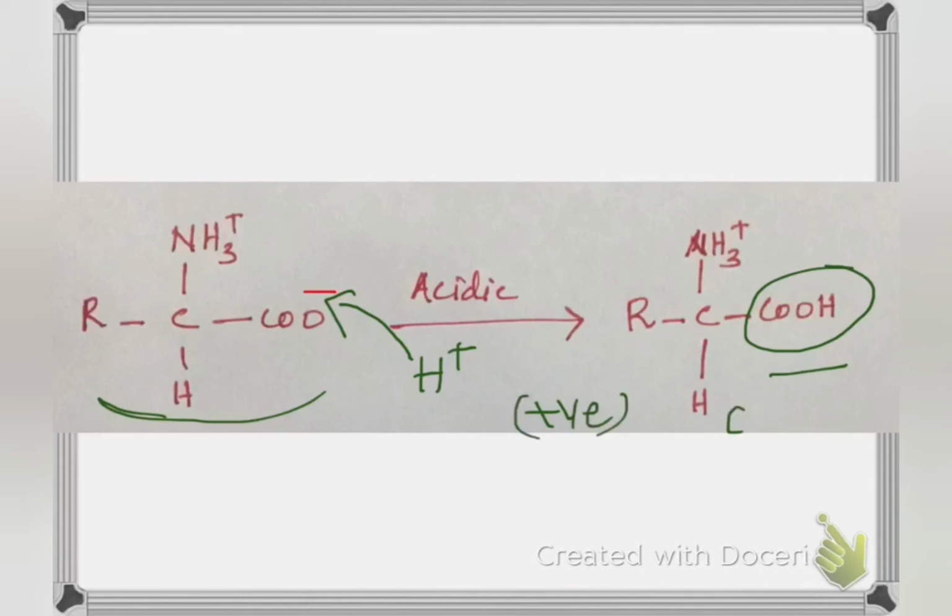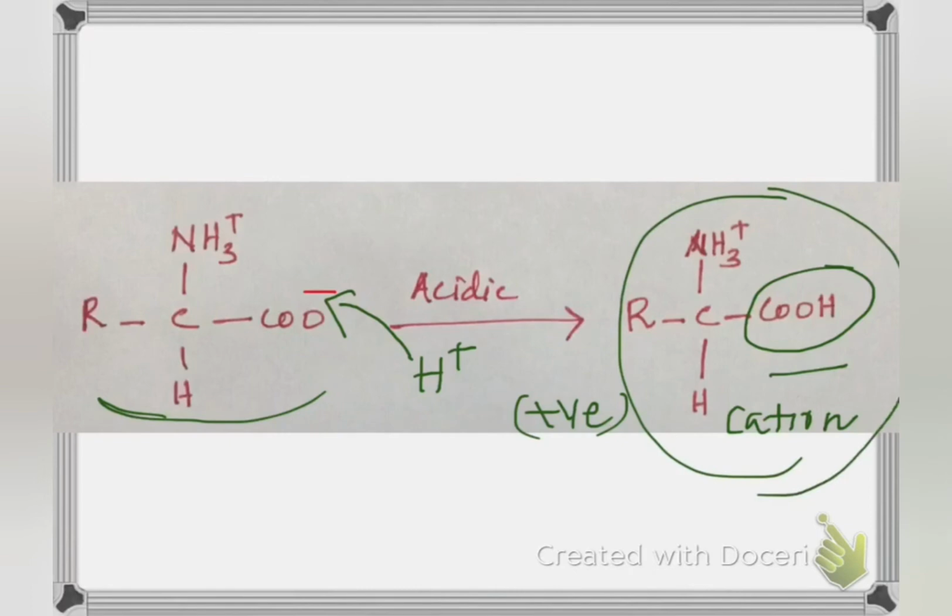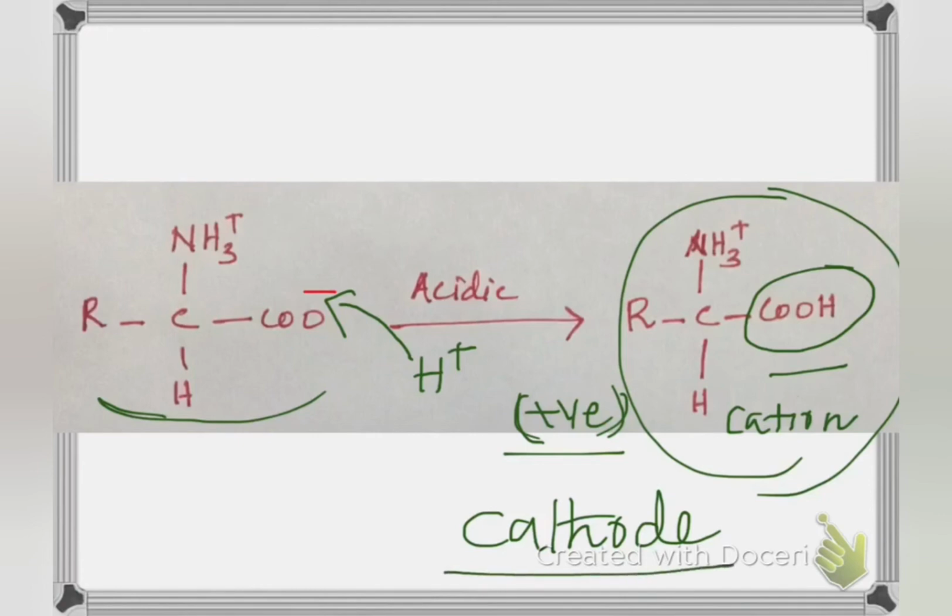So this is a cation. When we are doing electrophoresis, this positively charged cation moves to the cathode, the negatively charged electrode.